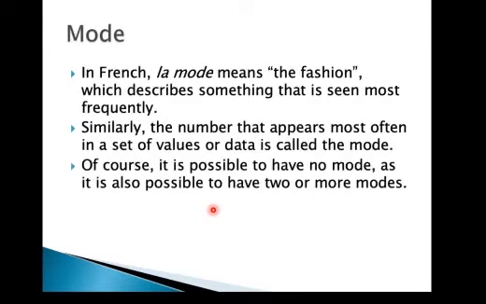Now, let's go to the last measure of central tendency, the mode. In French, le mode means the fashion. And that describes something that is seen most frequently. Similarly, the number that appears most frequently in a set of values or data is called the mode.